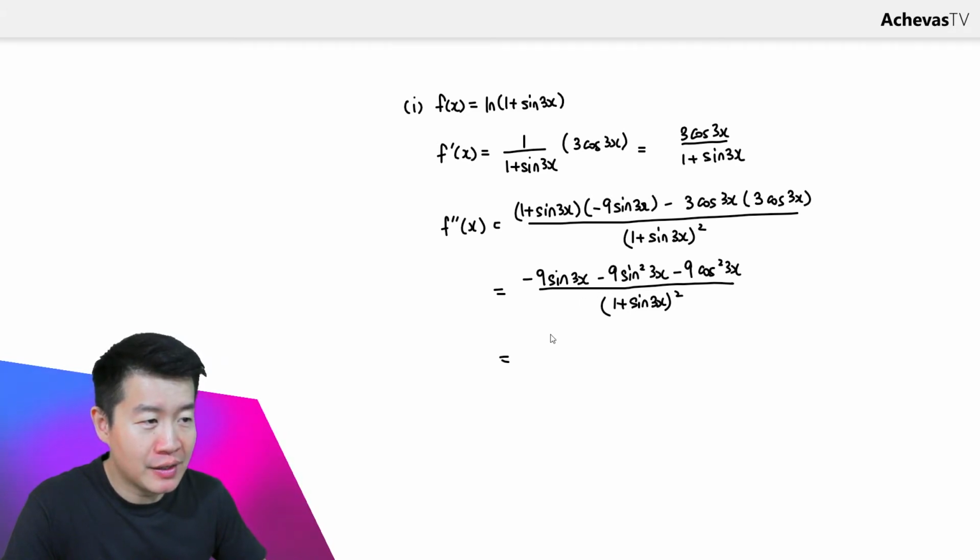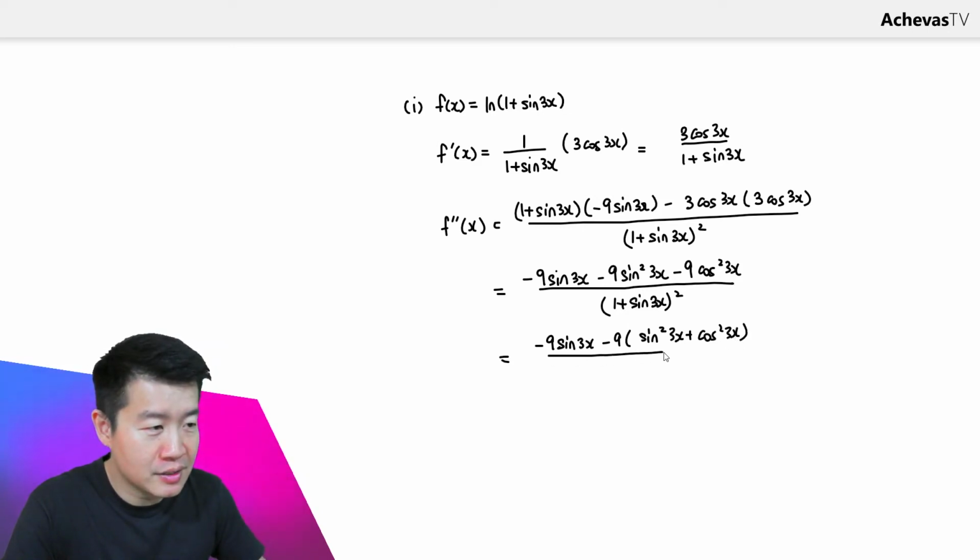If I were to simplify this, we will have a minus 9 sine 3x, and if I were to factorize out minus 9, this is actually sine squared plus cosine squared, which is equal to 1. So I have this divided by 1 plus sine of 3x. So this, and we have a minus 9, which is from here, and minus 9 sine 3x. And this is going to be divided by this (1 plus sine 3x) squared.